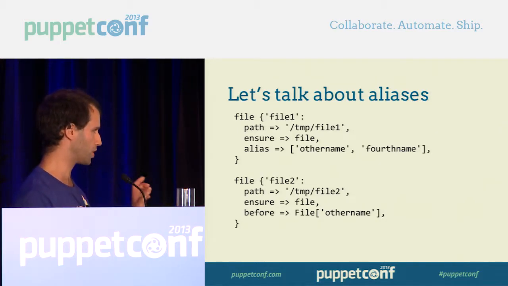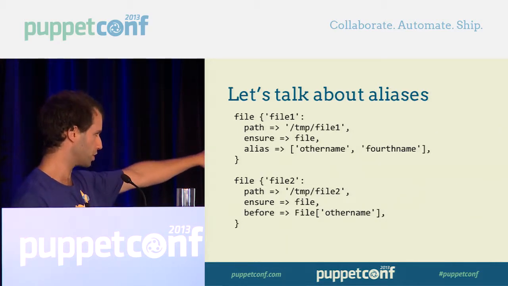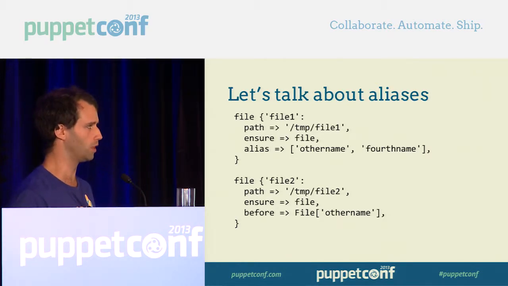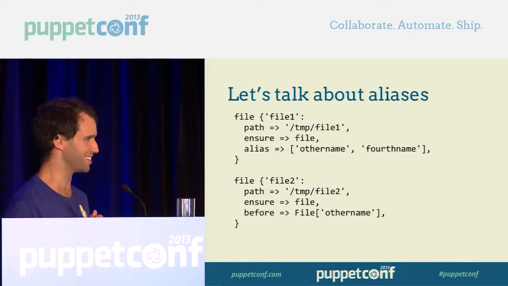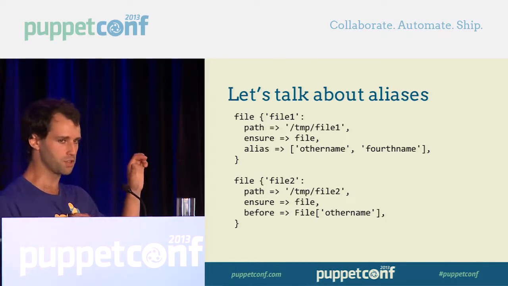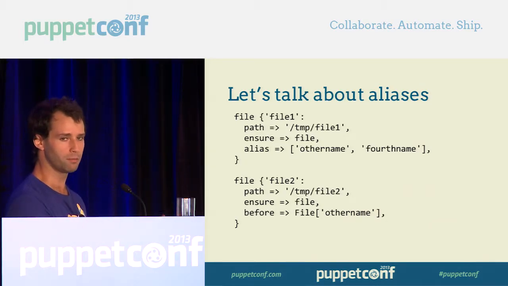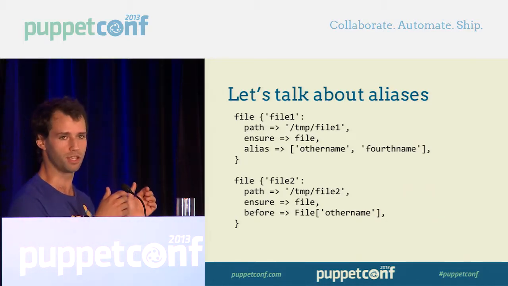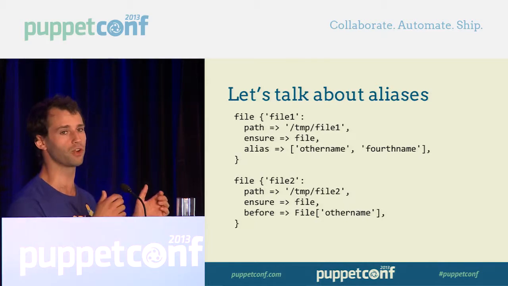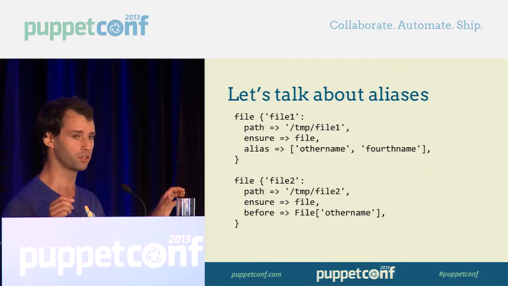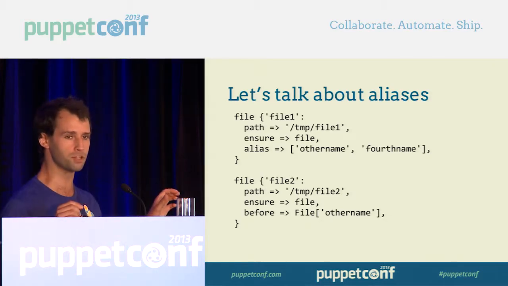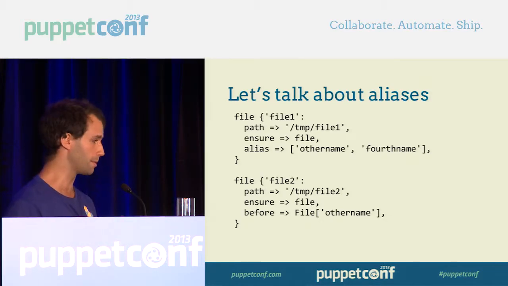And then they can have other names called alias that you can use with the alias metaparameter. And it's a little unclear what they're all for. The title and the namevar are separate so that you can have an identity on the target system, but then also have a stable identity within the compiler, so that if you're trying to refer to a resource that might have a different path on disk on different types of operating system, then you can just refer to it in a stable way. That makes total sense.